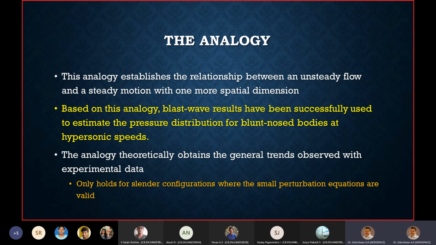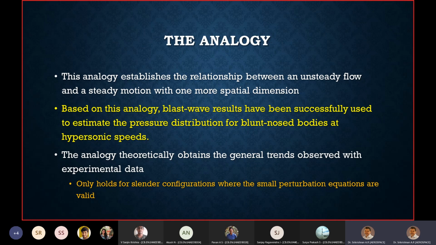So the analogy between the physical situation for which a result is available and hypersonic flow, as we have just stated, is a relationship between unsteady flow and steady motion in one additional spatial dimension.